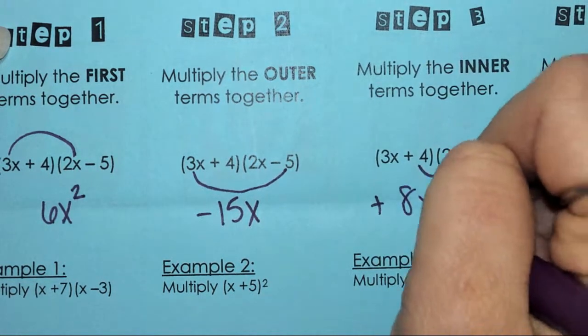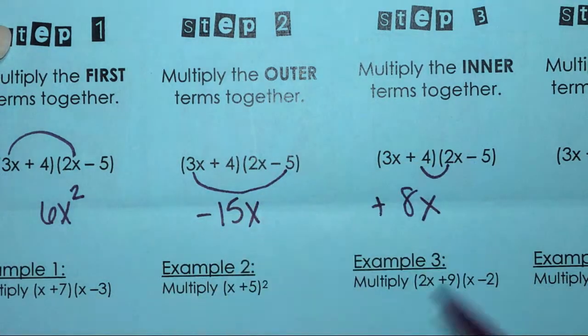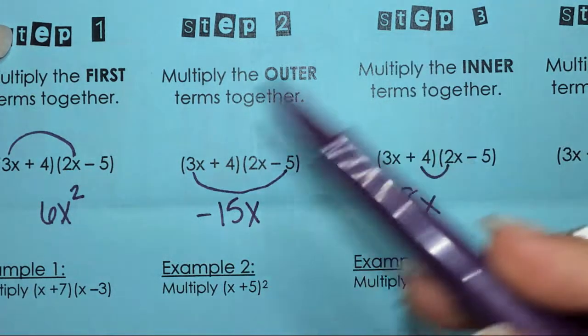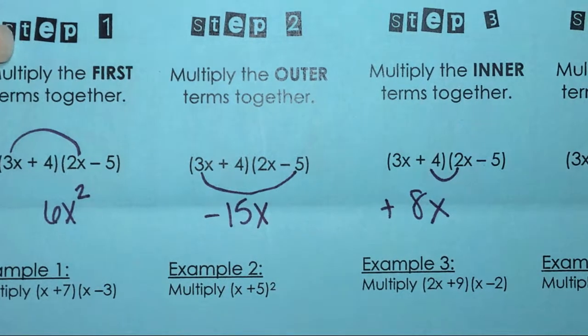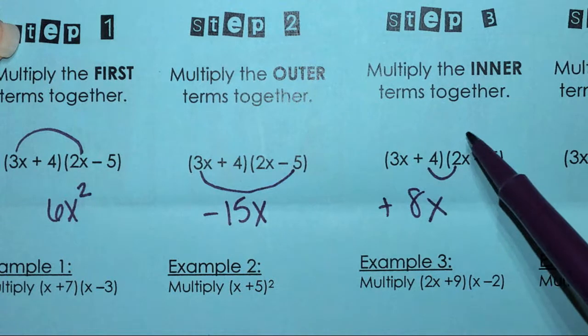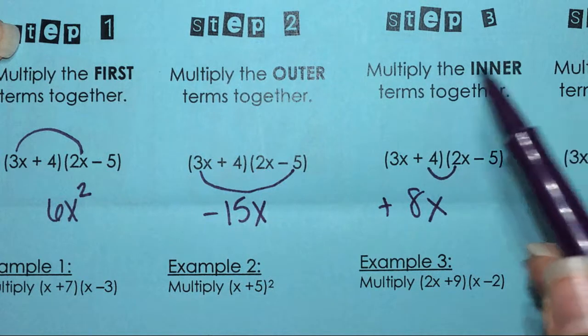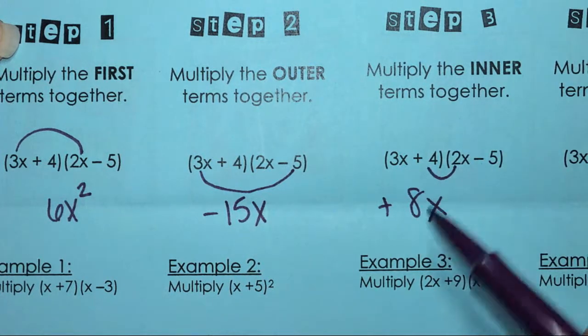Plus 8x. Does everybody see where I got these numbers from? 4 times 2x is 8x. We multiply because it says to multiply the inner terms together, so inner means the two that are closest.